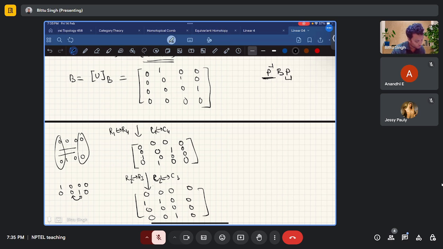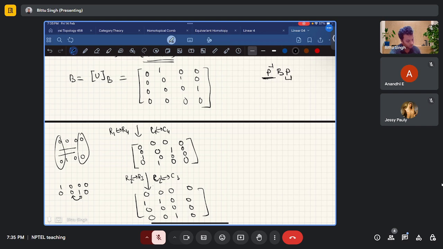Sorry, so R2 and R3 are exchanged. Actually 0 1 0 1 0.